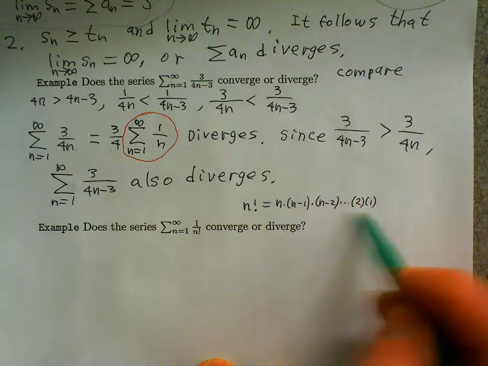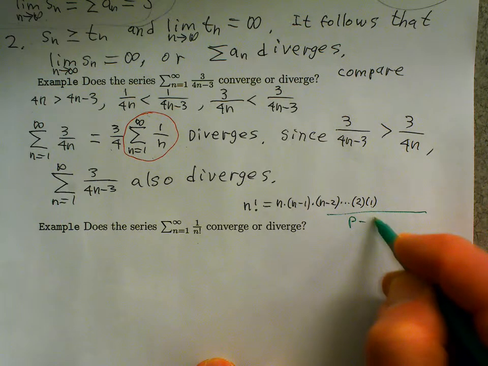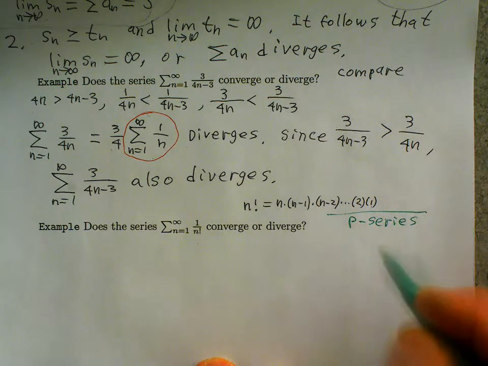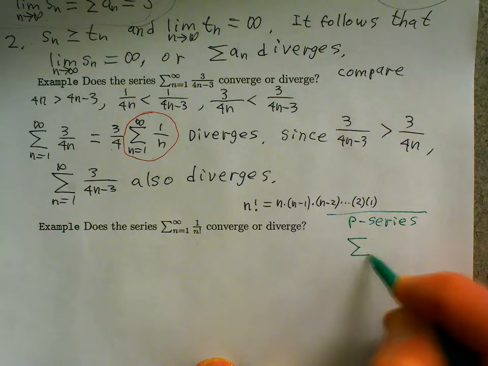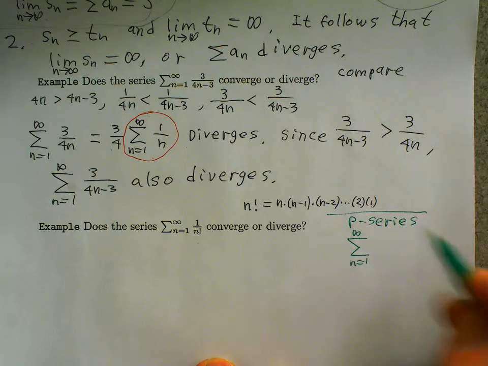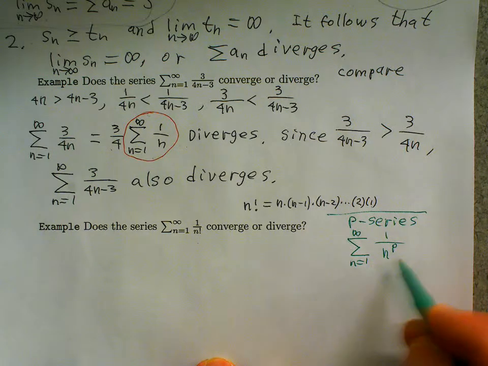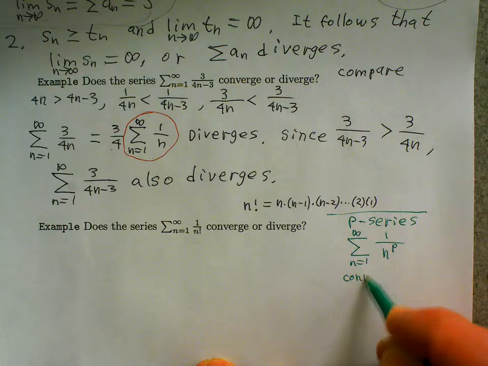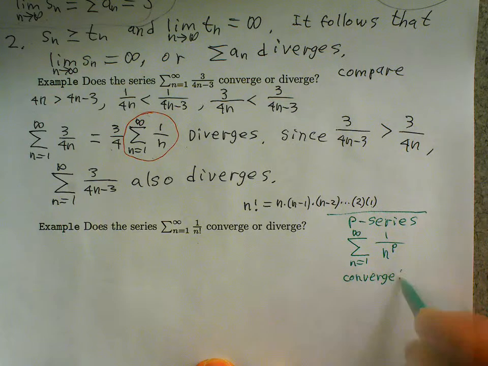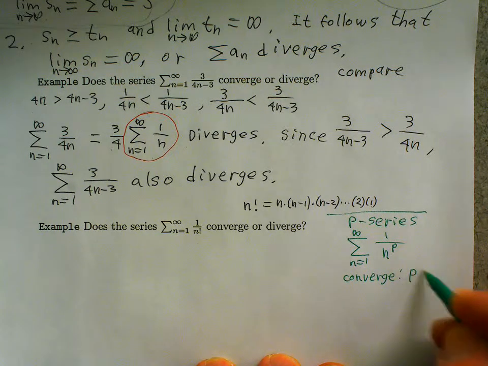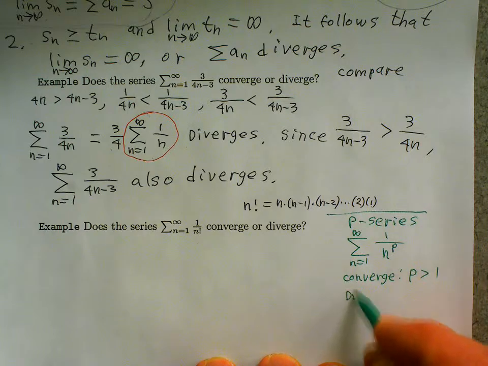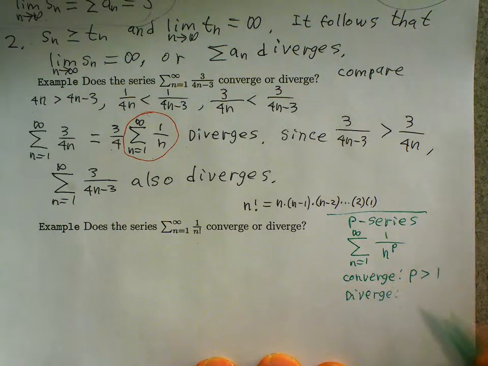We'll just remind ourselves, if we have a P series, 1 over n to the P, the P series converge for which values of P? P greater than 1, and they diverge for values of P less than or equal to 1.